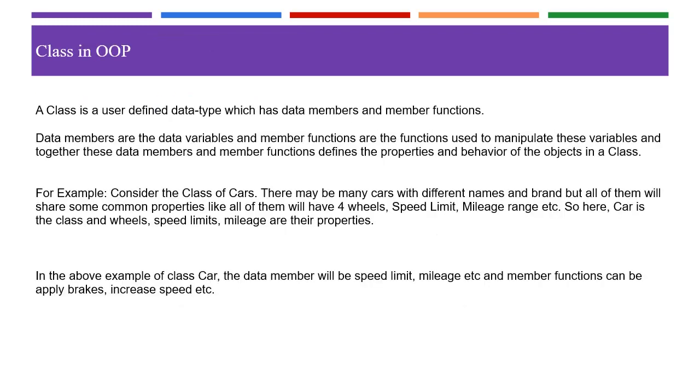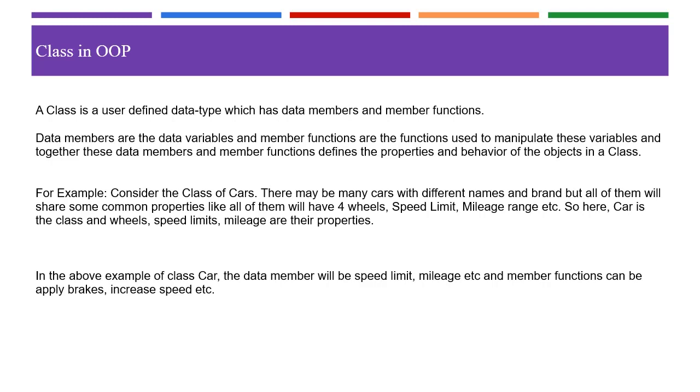A class is a user-defined data type which has data members and member functions. Data members are the data variables and member functions are the functions used to manipulate these variables. Together these data members and member functions define the properties and behavior of the object in a class.